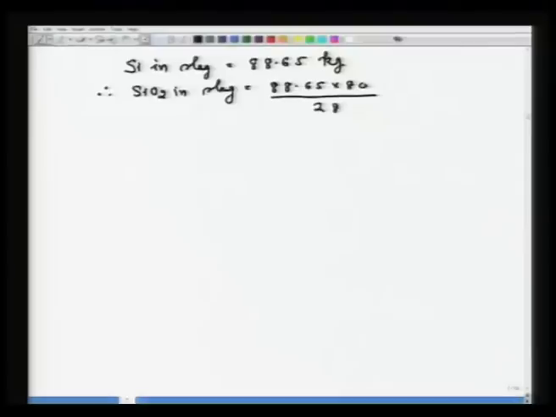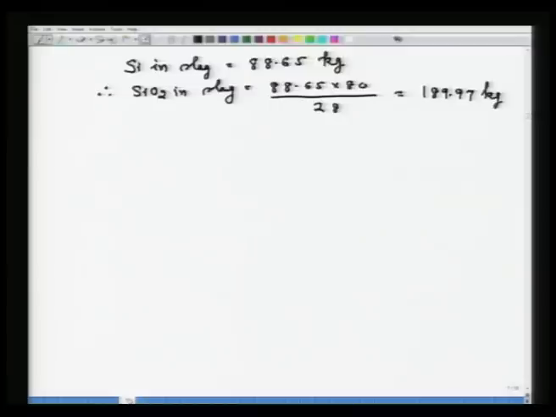We have done the elemental balance for our convenience; you may do an SiO2 balance. Hot metal does not contain any oxide, it contains only the elemental form. That is an important thing. That calculation gives you SiO2 in slag as 189.97 kg.